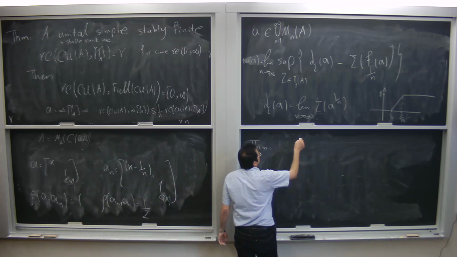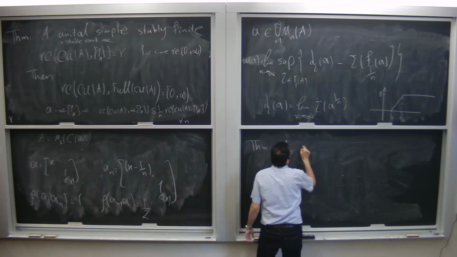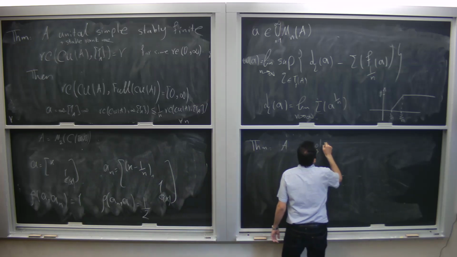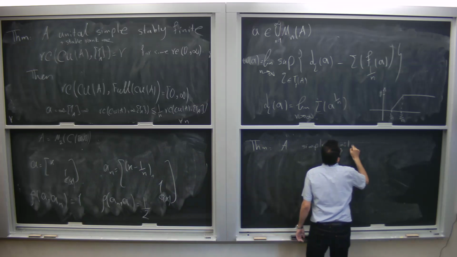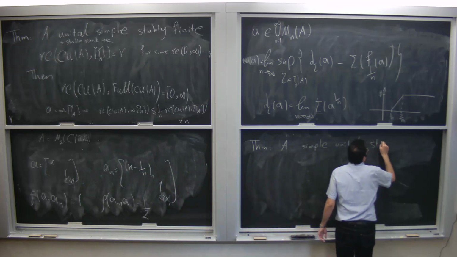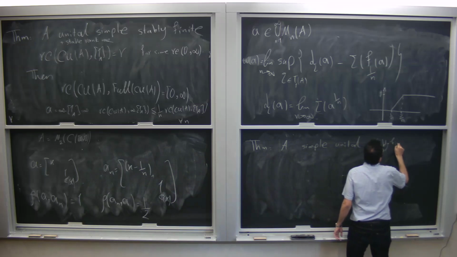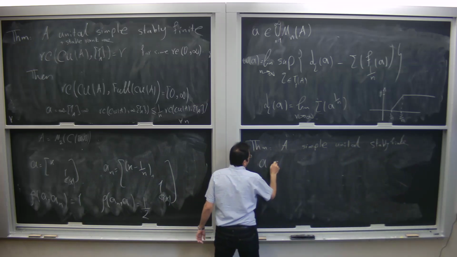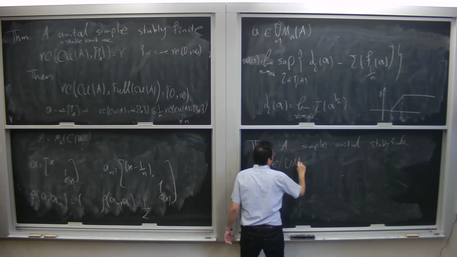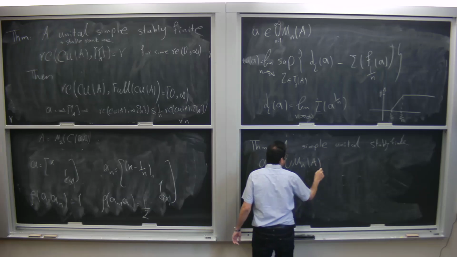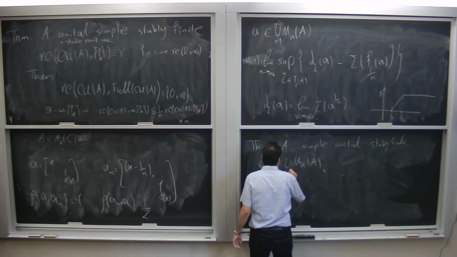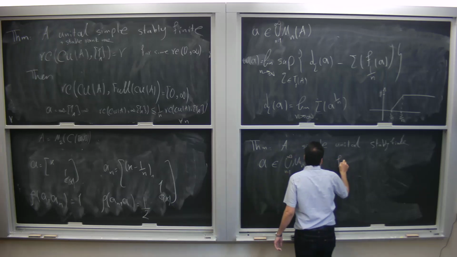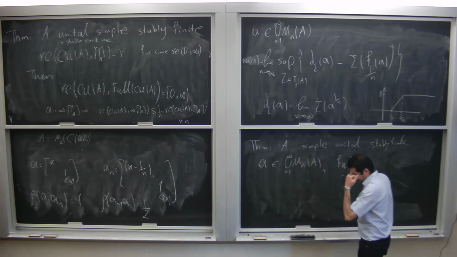So A again is a simple unital stably finite C*-algebra, and you have full elements in your matrix algebra. Some papers of Shuang Long and Chen talk about oscillation.